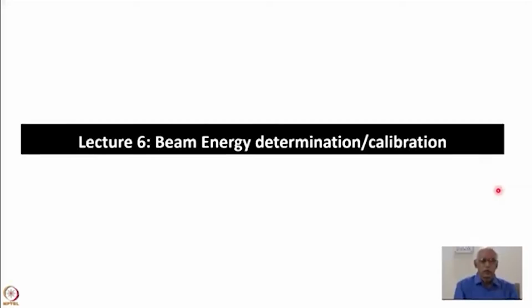Today we are going to discuss lecture number 6, which is beam energy determination and calibrations. In the last lecture, we talked about how the beam energy can be calculated using the voltage itself.